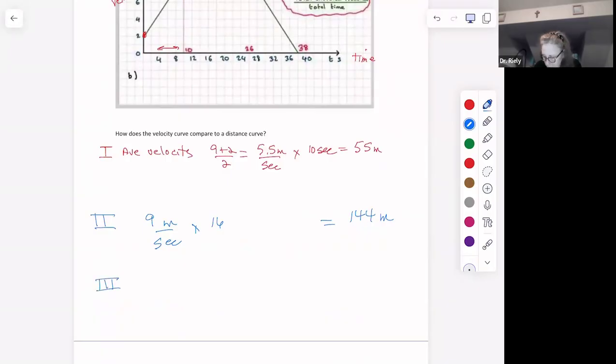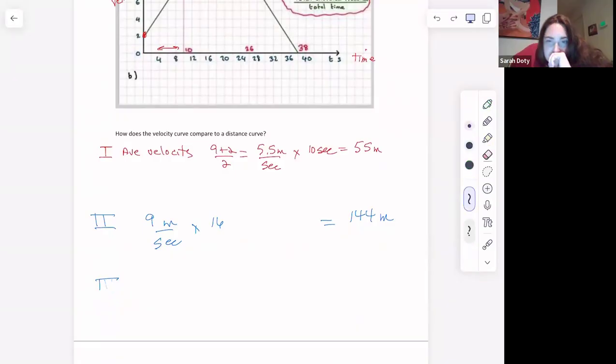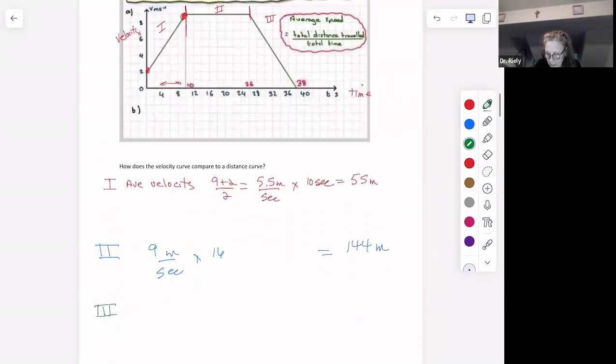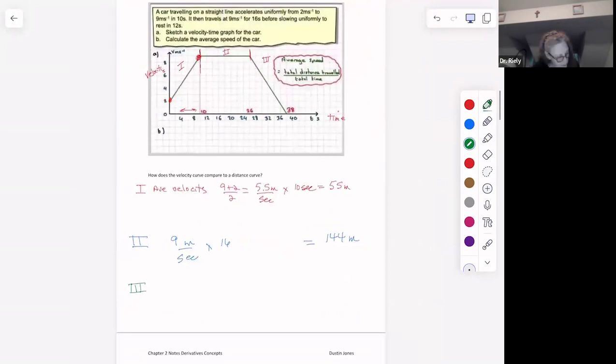And then the third one, maybe I'll be fancy and change to green. It's a constant again, but now it's a constant deceleration. So the two numbers would be 9 plus 0 divided by 2.